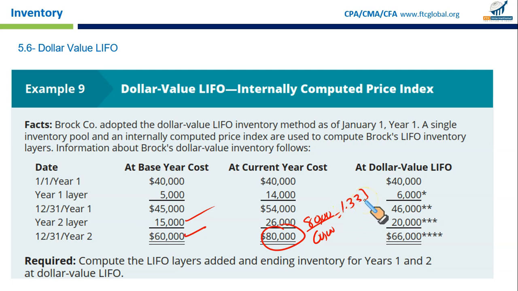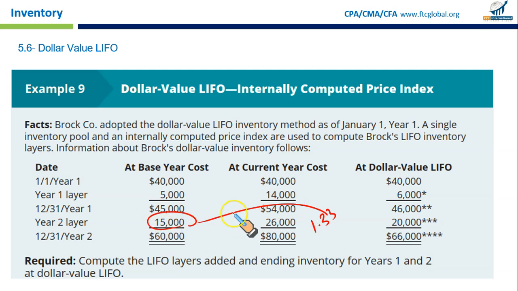This means that the prices have risen by 33.33% in year 2. So we take this internally computed price index and multiply it with 15,000, the layer added. That gives you 20,000. So 20,000 added to 46,000, this $66,000 would be the year-end ending inventory.